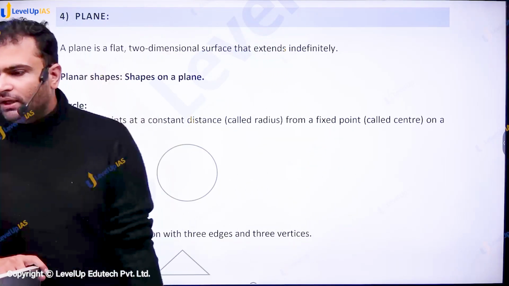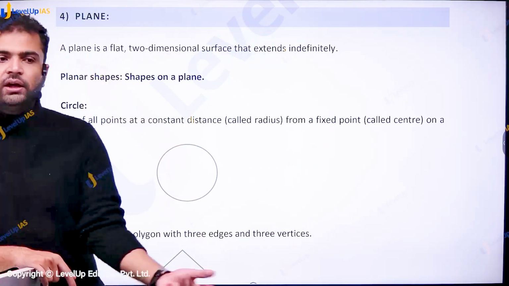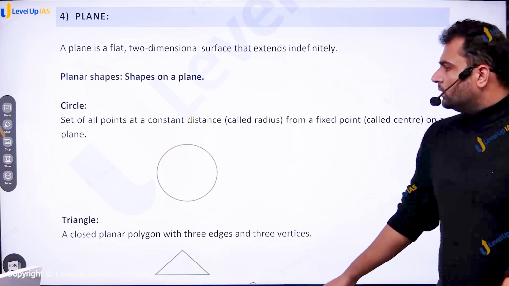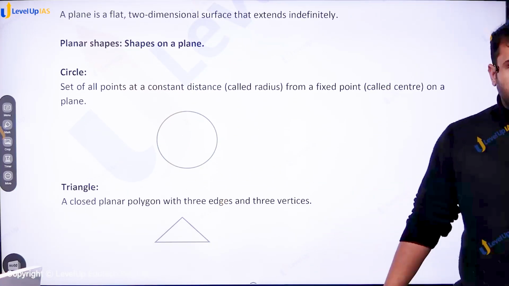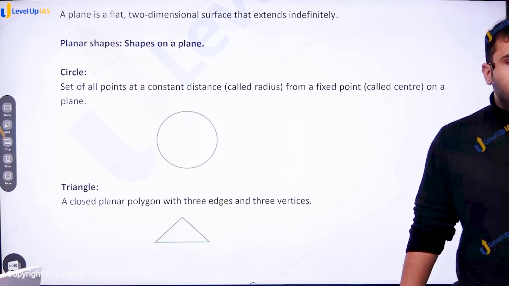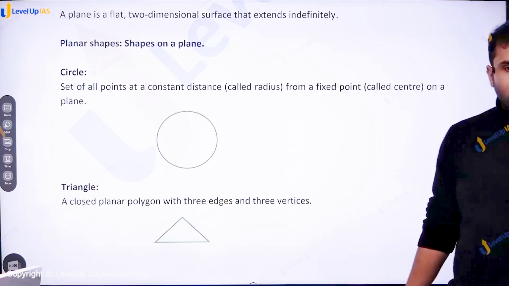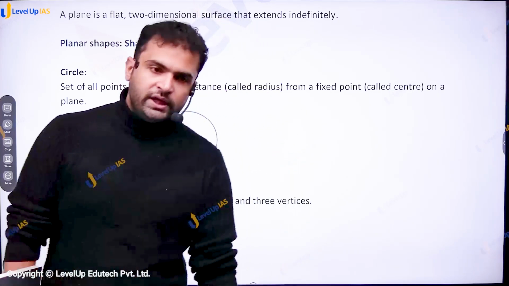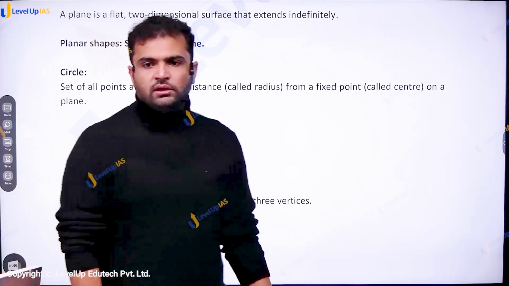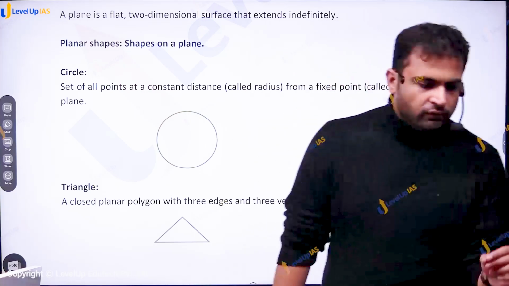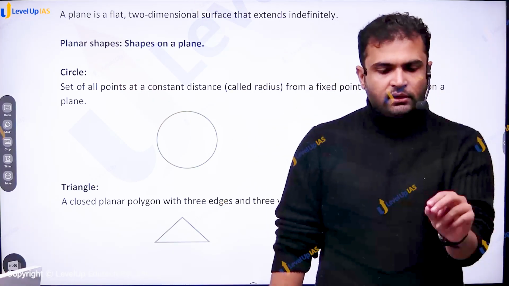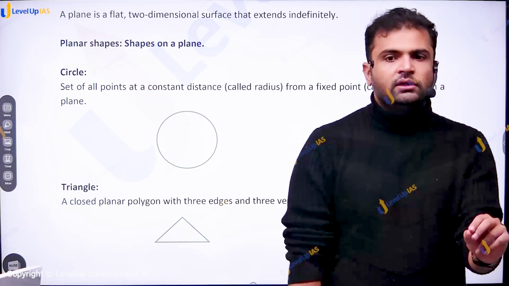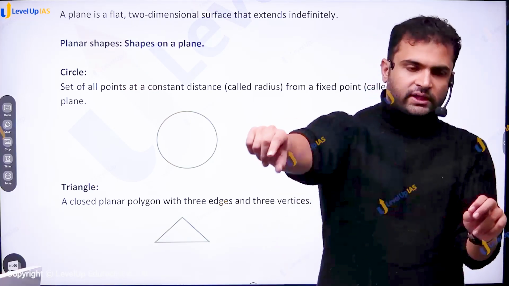And in plane, we want to cover many planar curves and surfaces that are popular, that are examiners' favorite. Most favorite is of course circle. Circle is set of all those points which are at a constant distance from a fixed point. So what we do, we take a fixed point, right? We call it center, and then we fix some distance. We call it radius, and then we extend.